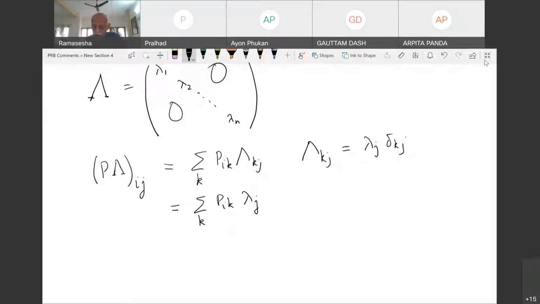So this will be equal to lambda_j times sigma over k, P_ik. Okay. Now let me see what it means.